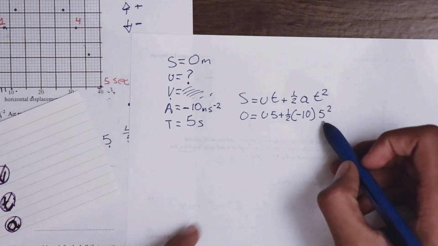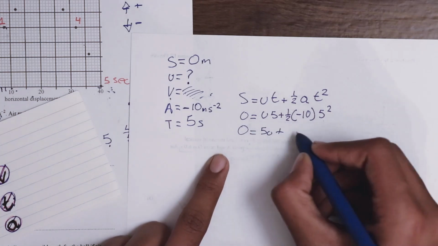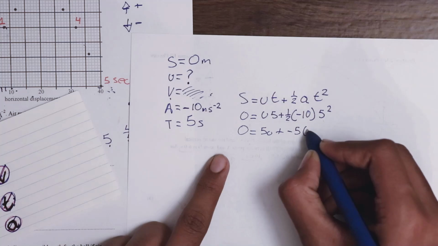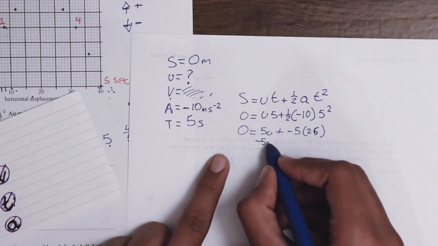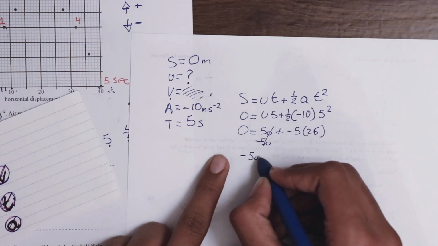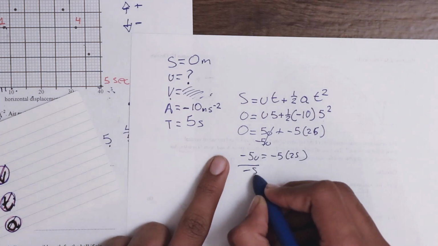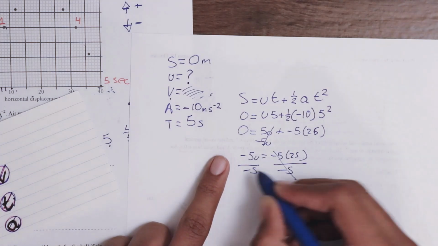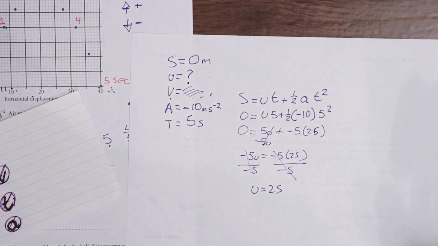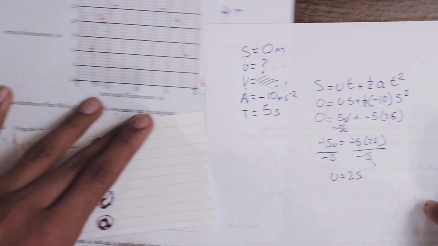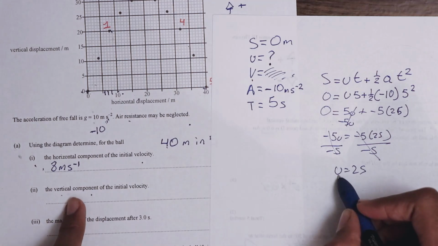I mean, you do. This is math. So 5u negative 5 times 25. 5 squared. I swear I can do math. Oh look, divide by negative 5, divide by negative 5. These cancel out, these cancel out. U equals 25. Magic. Wow. That's great, isn't it? So, our velocity upward, our vertical component is 25.